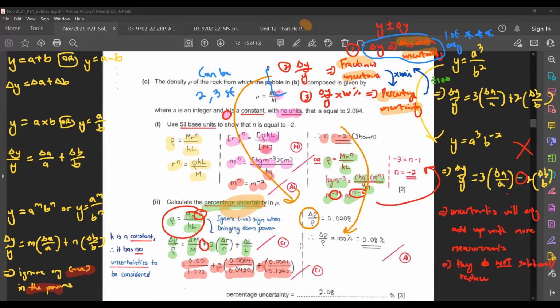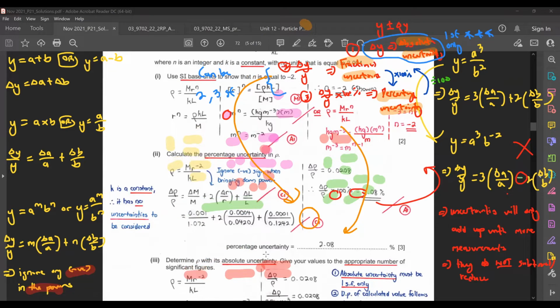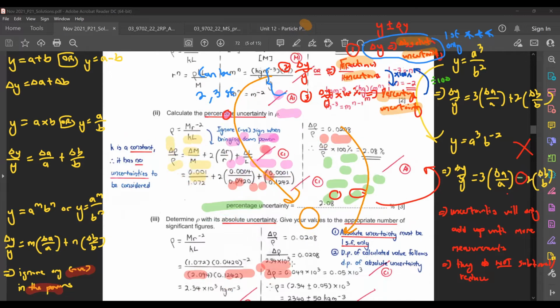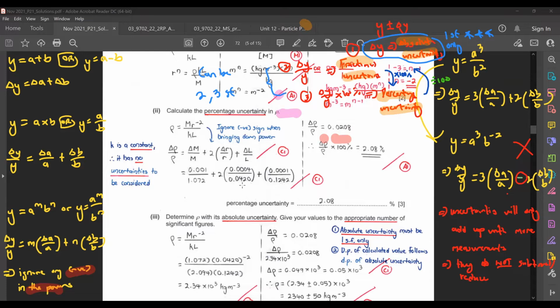The last part here, they ask you to determine rho with its absolute uncertainty. Give your values to the appropriate number of significant figures. For the absolute uncertainty, basically they just want the delta rho.